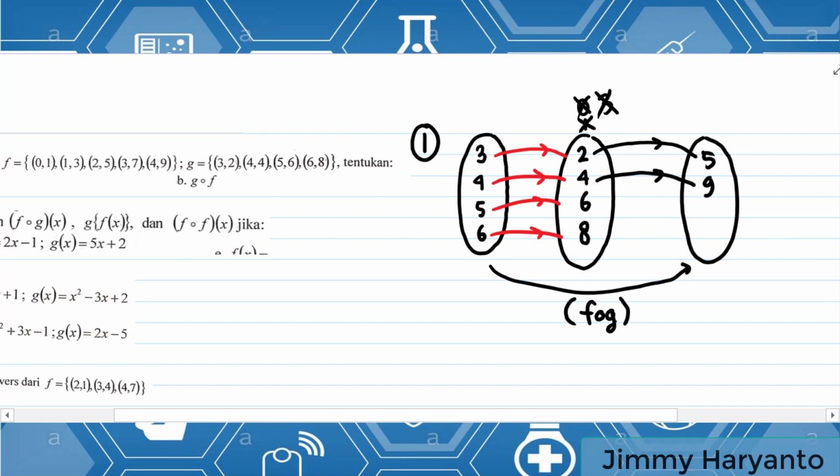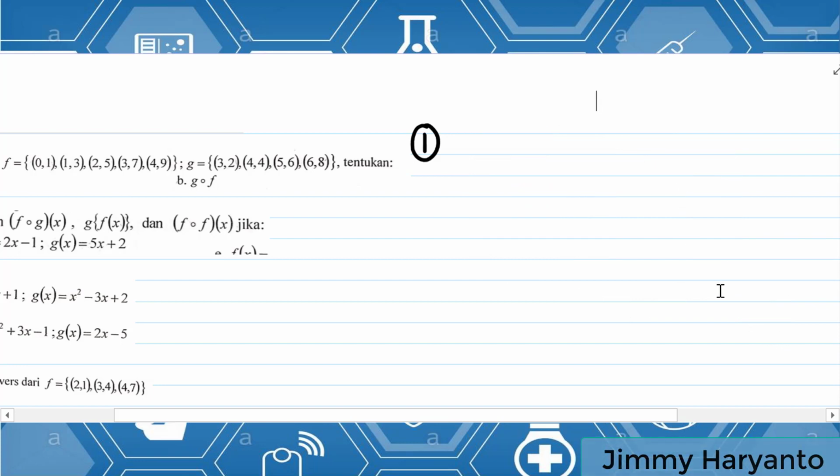FOG ya, FOG nya kita cuman punya yang 3 langsung ke 5 ya, jadi kita cuma tulis 3,5 and 4,9, yang lainnya nggak ada ya, karena nggak ada hasilnya. Okay, that is the first.